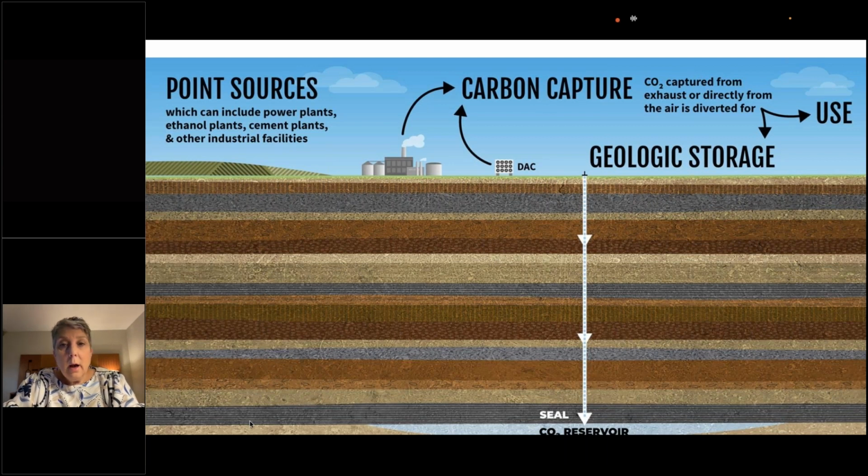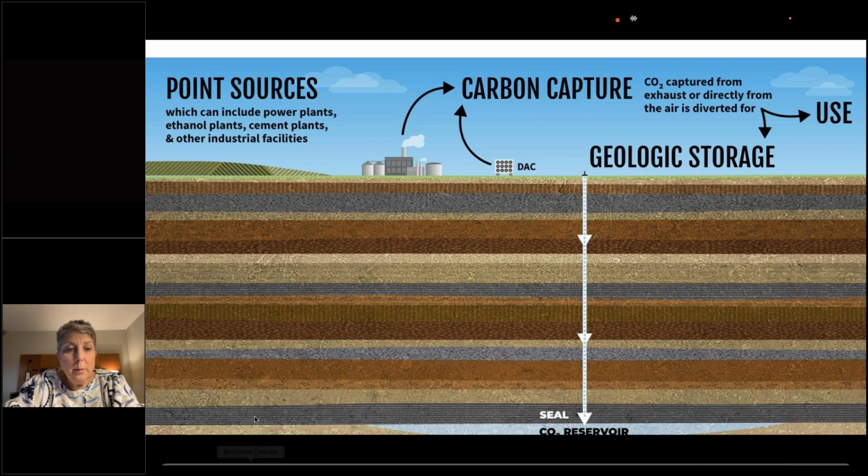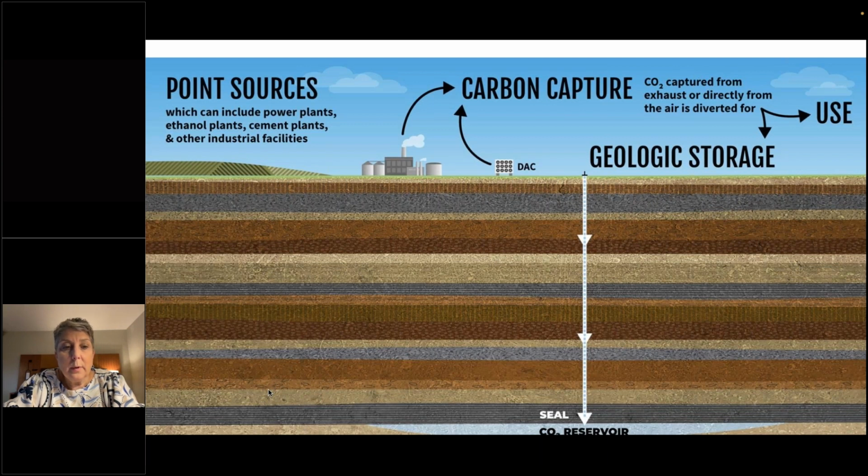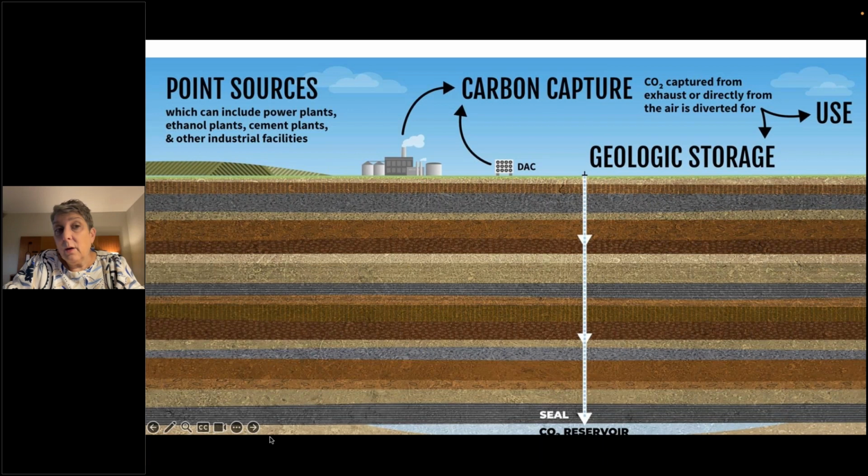It's a combination of technologies where you have a point source, or a source of carbon dioxide, that you're capturing, such as in a power plant, an ethanol facility, or a cement factory.